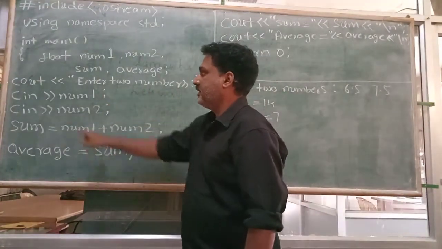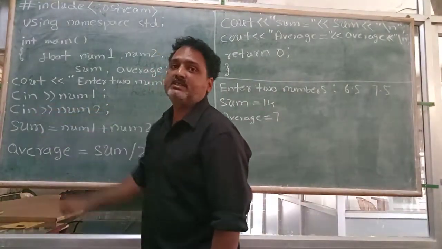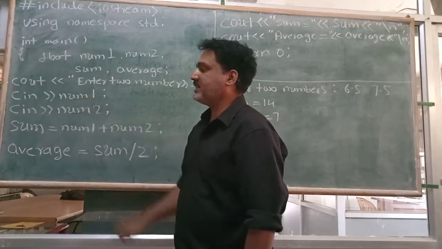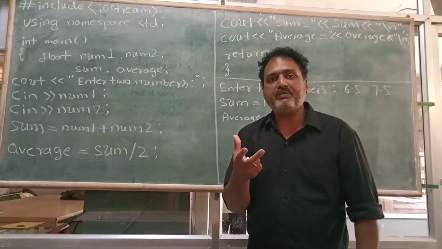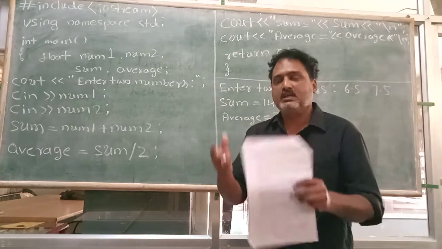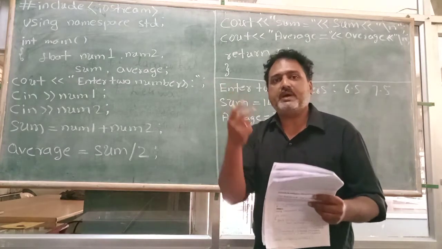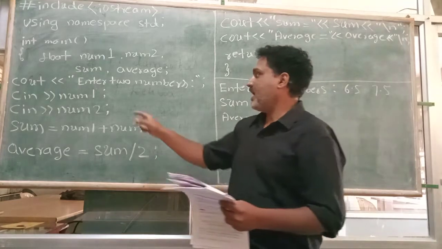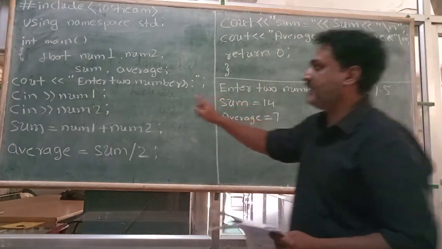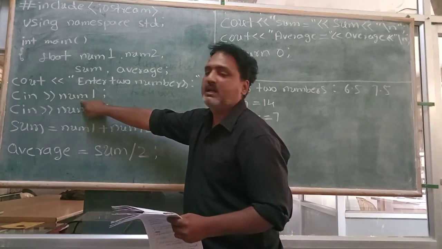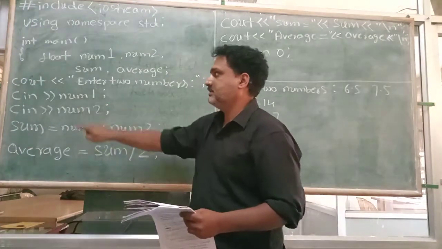Here comes the cin statement. In the cin statement what happens? The prompt will be open. Prompt means the computer is expecting the input. We have to enter this 6.5. That 6.5 is stored in the variable num1.